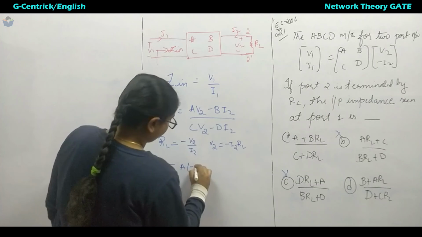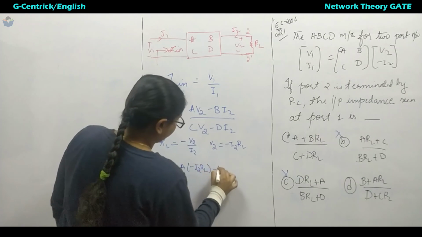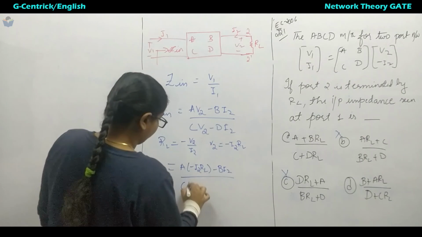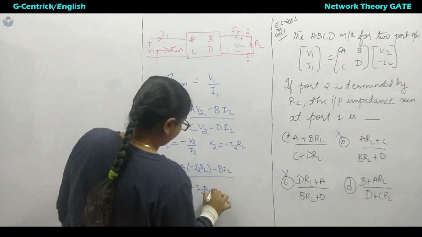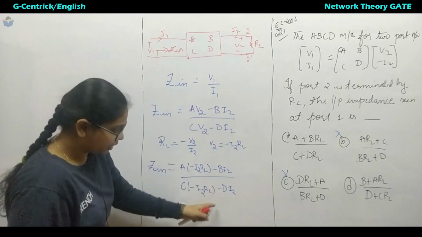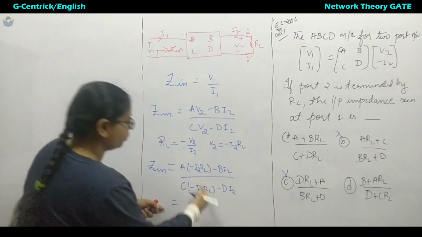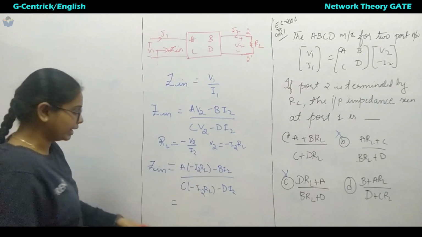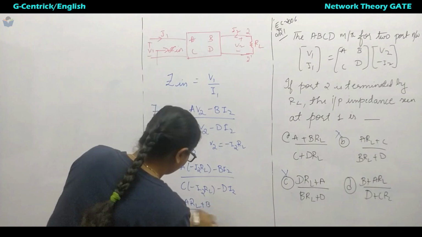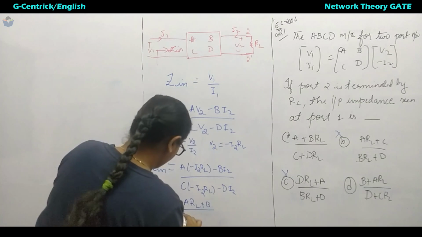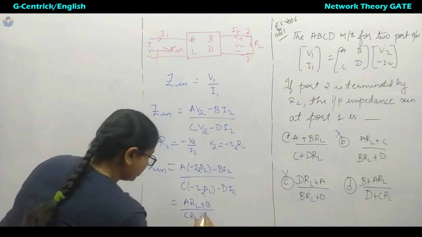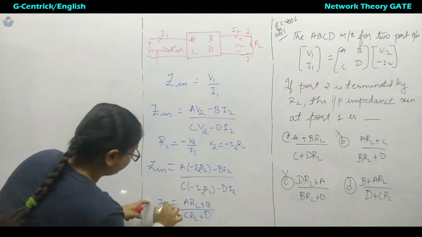V2 is minus I2 times RL, minus BI2, divided by minus C I2 RL minus DI2. So now I can take minus, everywhere it is minus, and I2 I can take as common and it will cancel out. So at the last what we will get is ARL plus B divided by CRL plus D. So this is our input impedance.